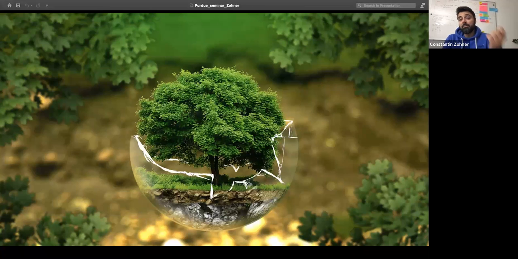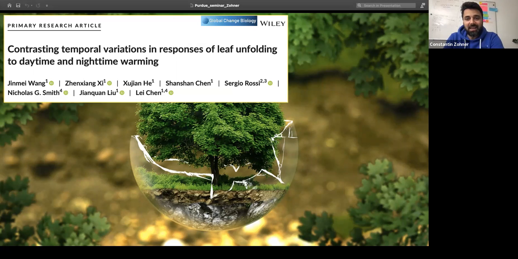The problem we have, or something that is happening at the moment, it's not really a problem, but it's just something that makes it all more complex, is that there are many publications coming out at the moment that suggest many more drivers that might play an additional role. So there are publications that say we need to consider also the role of daytime versus nighttime warming, making it a bit more complex.